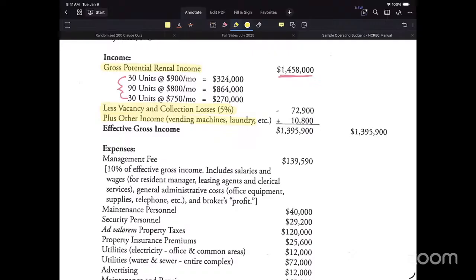So we probably won't get $72,900, but we'll offset that a little. So our effective gross income, what we should effectively bring in, is $1,395,900.